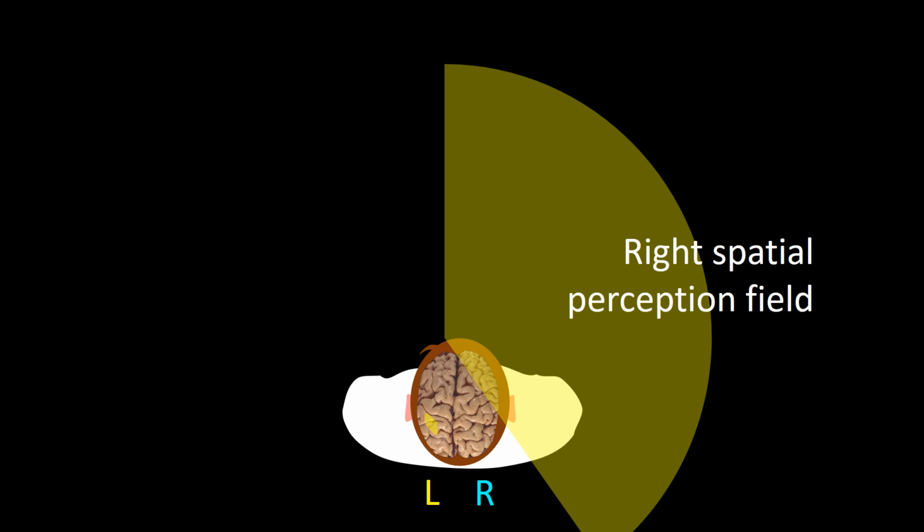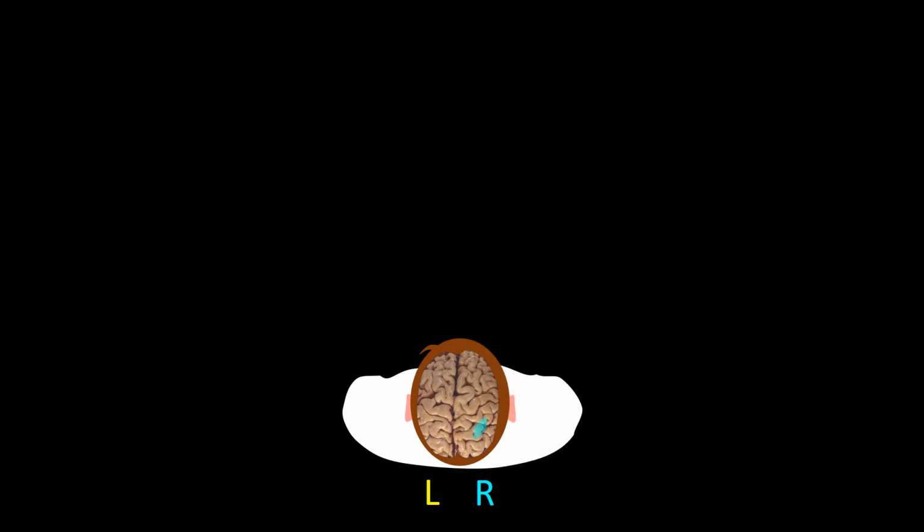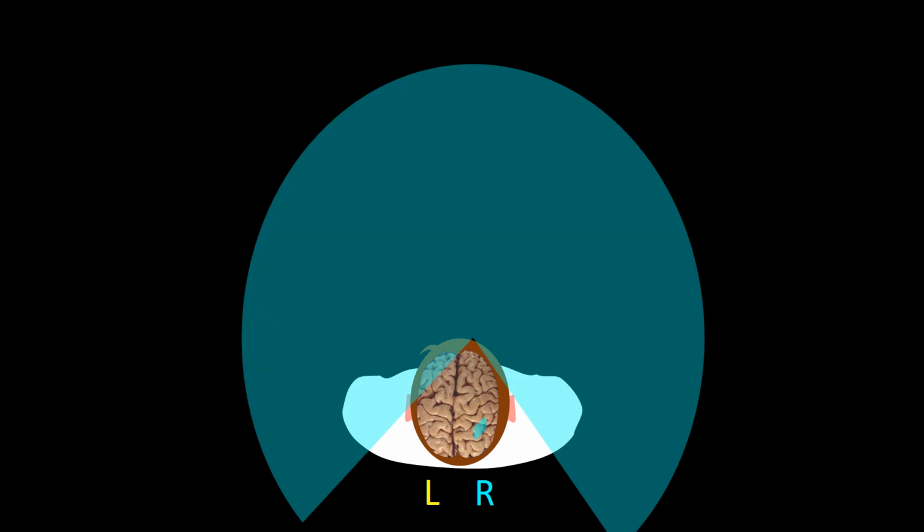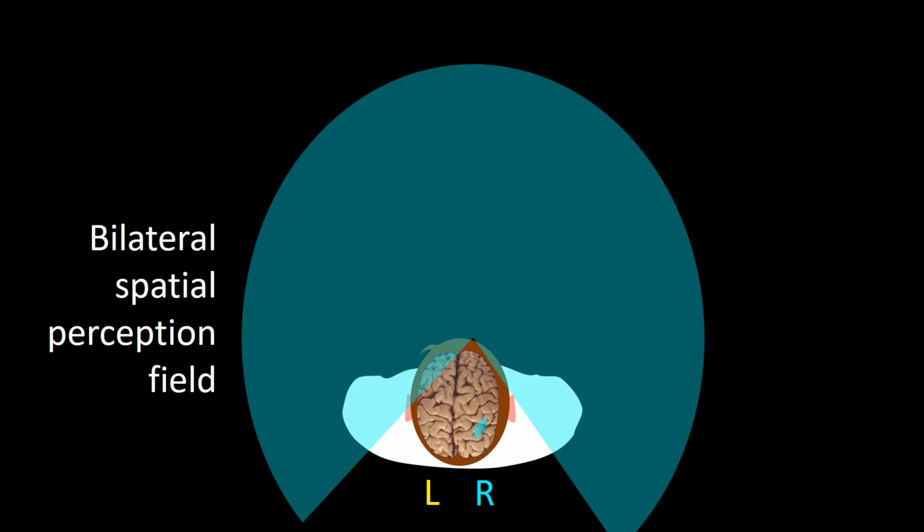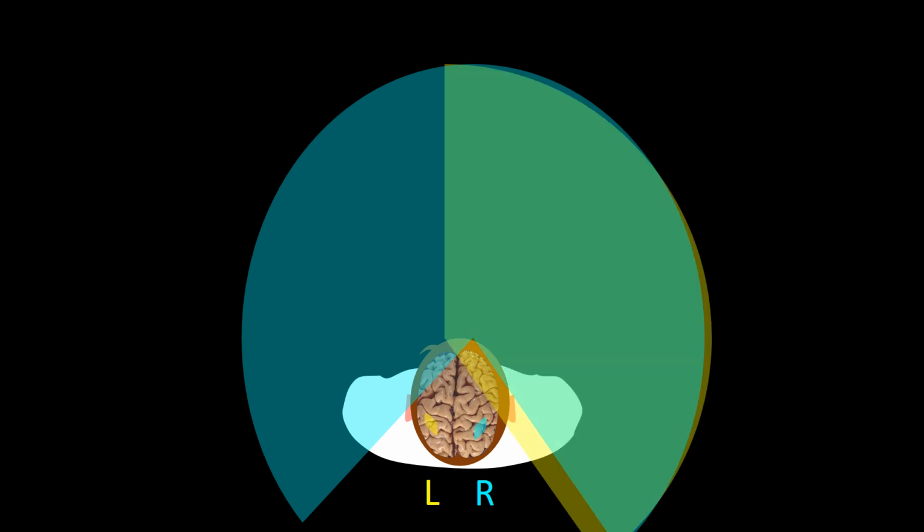That is the right spatial perception field. When it comes to the spatial perception field perceived by the right posterior parietal region, the spatial perception field, as you can see, is bilateral. Hence, the composite of the spatial perceptional fields, as you can see in this frame, is surveyed differently.